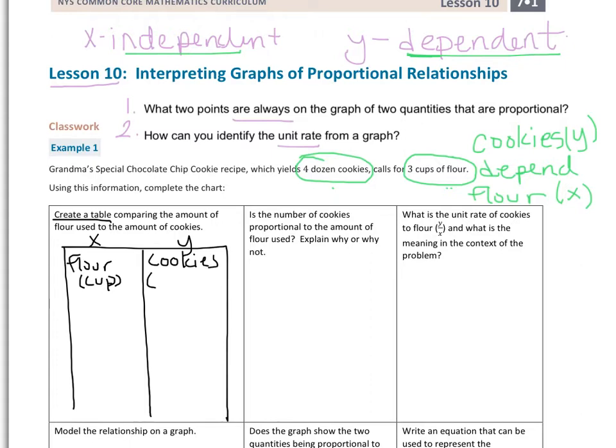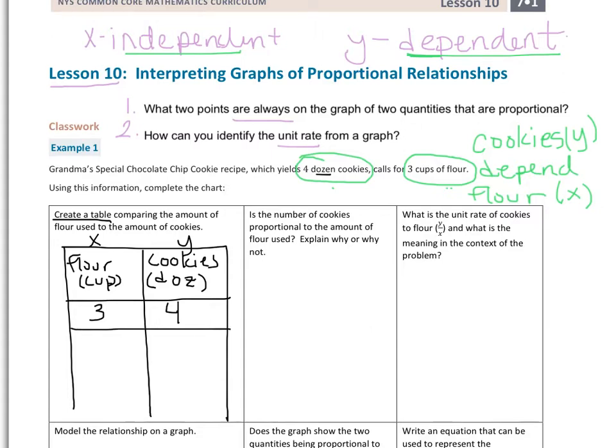In parentheses, we're measuring that by a dozen, D-O-Z. Alright, so I have my units.